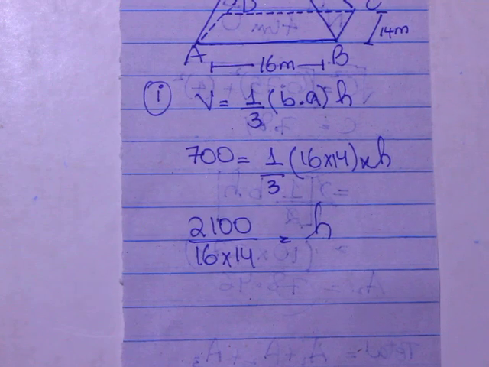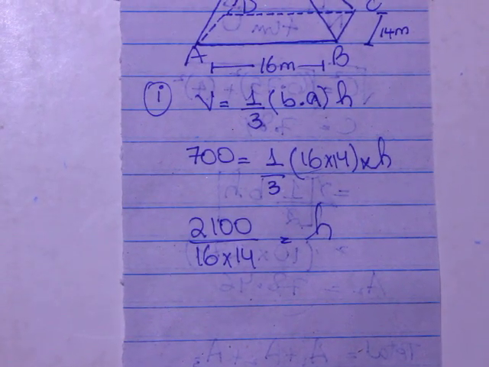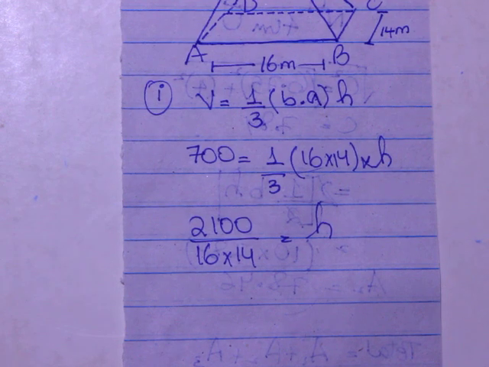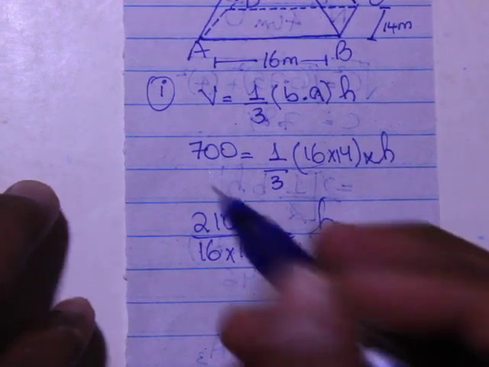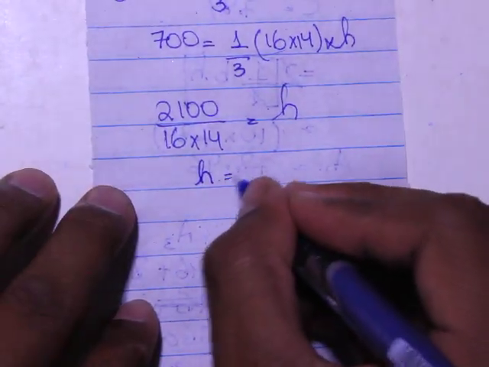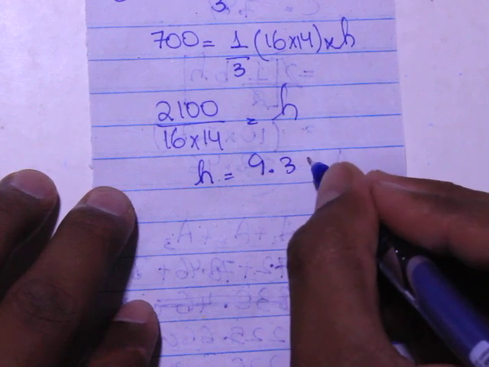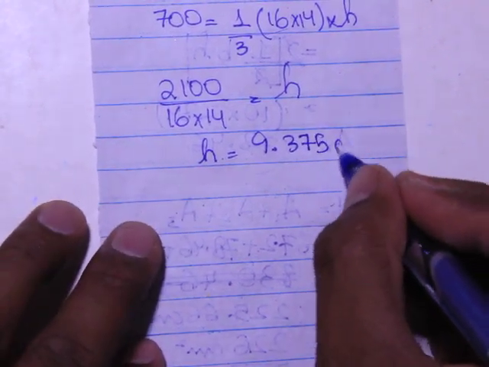So it will be divided: 2100 divided by 16 into 14 gives you 9.375. We have height is 9.375. Okay, we will take only 9.375 centimeter.